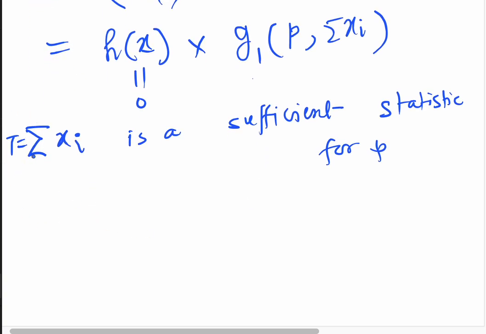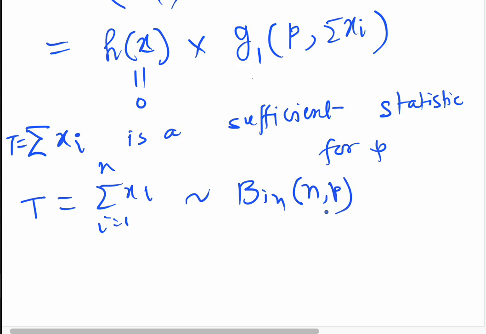Now what distribution T follows: T is the sum over xi, i equal to 1 to n, so it should follow the binomial distribution with n and p. So what will be its probability distribution? Now check its completeness. Completeness means you have to check if the expectation of g(T) equal to 0, then g should be 0.